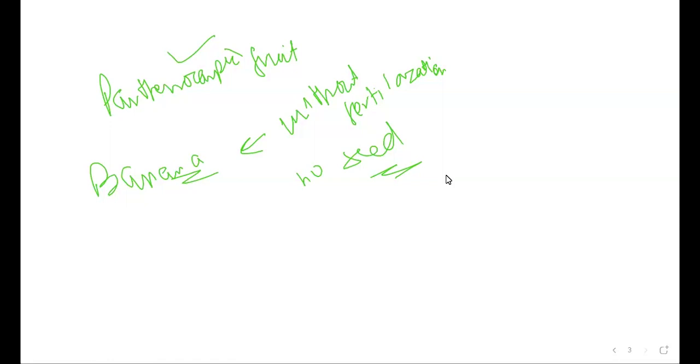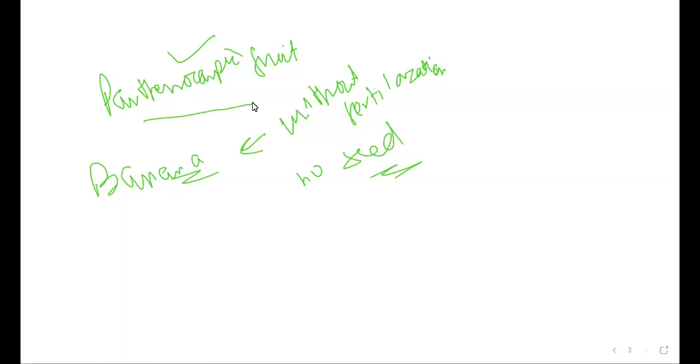So you have a banana without a seed, a watermelon without a seed, a papaya without a seed. The concept is that you mature the ovary without the seed formation, without the fertilization. And such formation of the fruit without the seed and without the fertilization is termed a parthenocarpic fruit. So remember this.